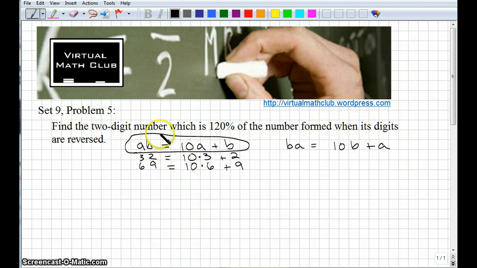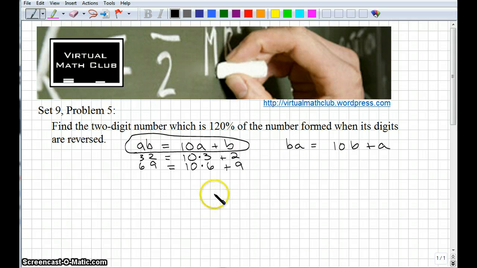Okay, so we're asked to find the two-digit number which is 120% of the number formed when its digits are reversed. So we have a number like AB, which is 10A plus B, and the number formed when its digits are reversed is 10B plus A. And we know that this first number is 120% of this number.